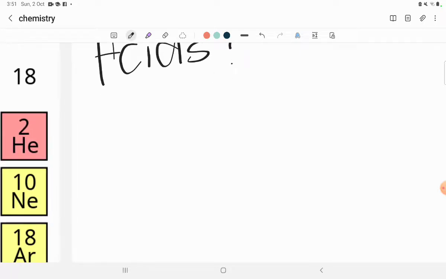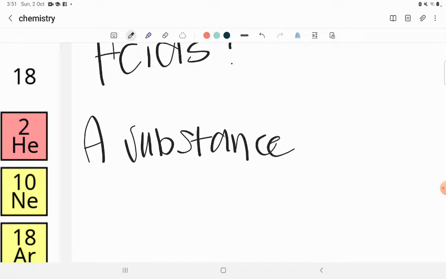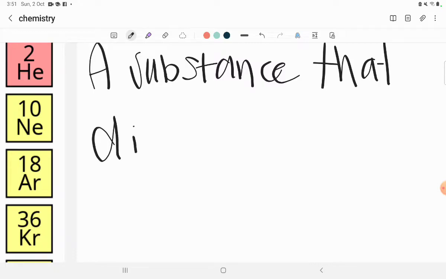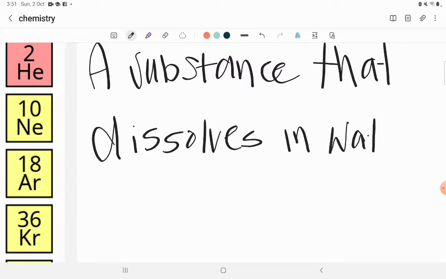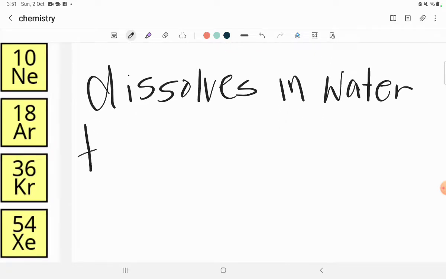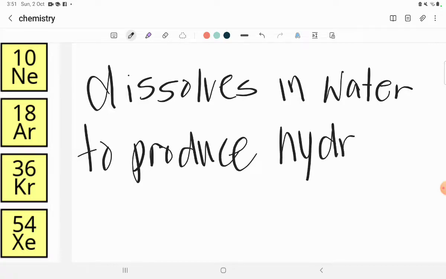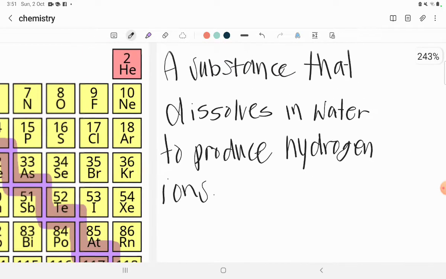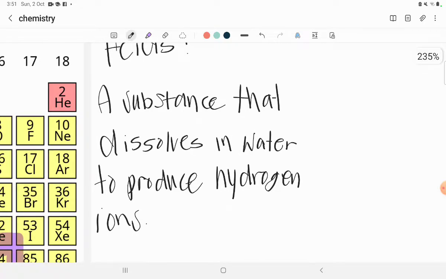No, you must give the scientific answer, which is a substance that dissolves in water and produces hydrogen ions. So an acid is a substance that dissolves in water to produce hydrogen ions.